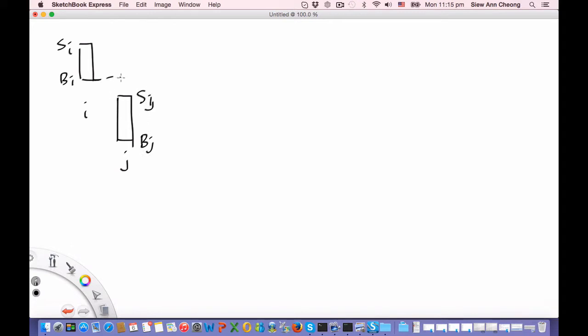There is a trade where 1 unit of the stock goes from I to J. But what is the price of this stock here? The price of this stock is actually the average between BI and SJ. So the transaction takes place at this particular price, P equals BI plus SJ divided by 2.